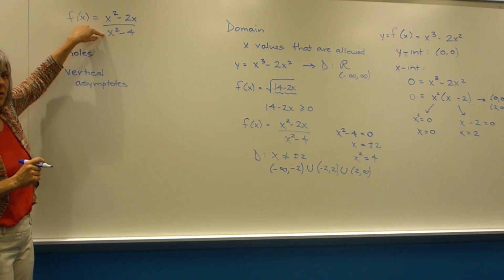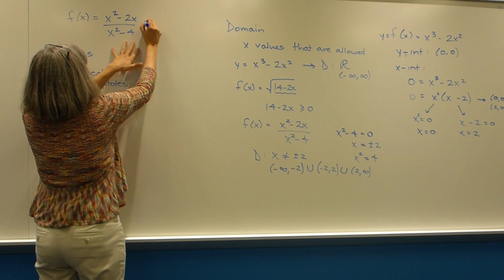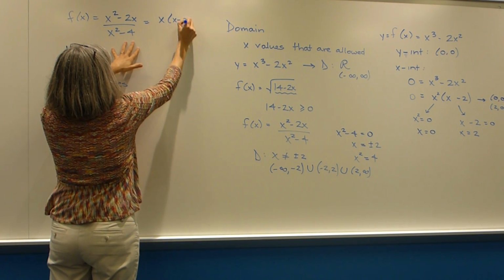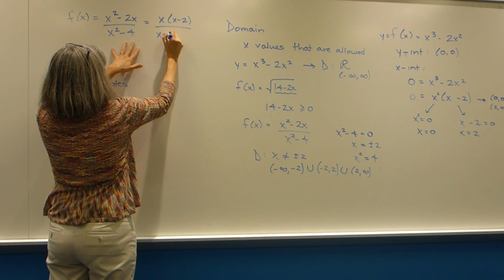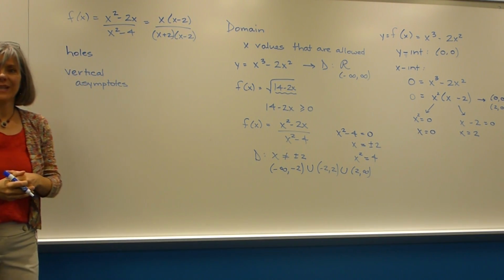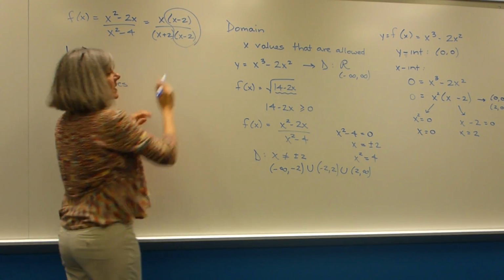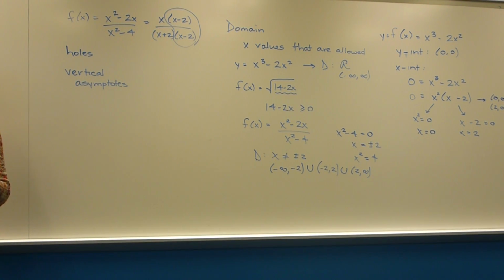The thing that we need to do first, anytime you see something like this, is to factor. So when we factor this, what do you see? Cancel out. These ones right here that cancel, that is a hole in the graph.